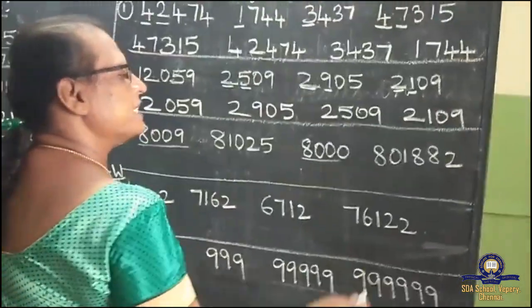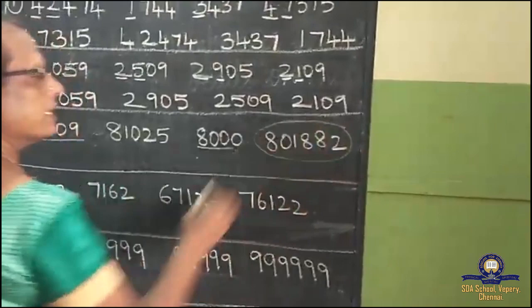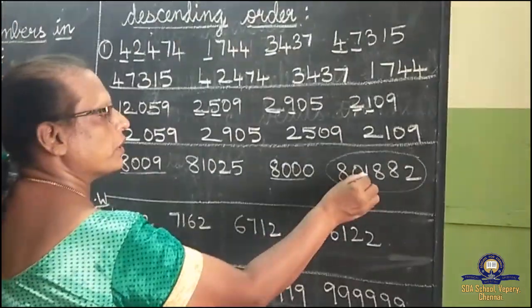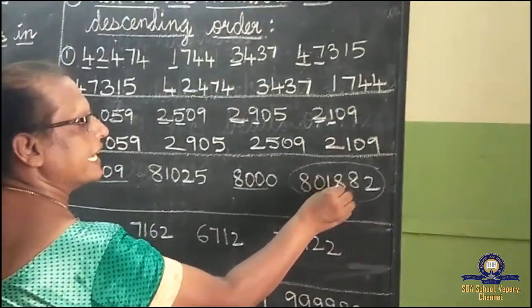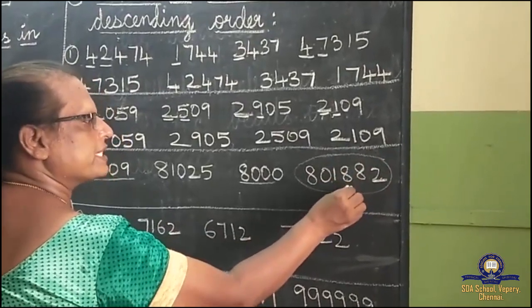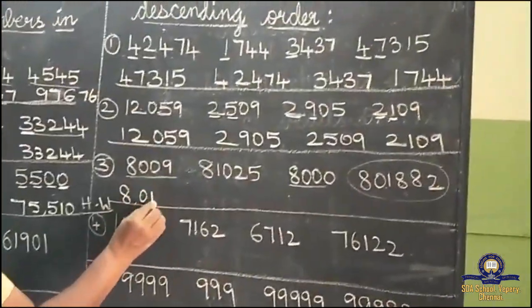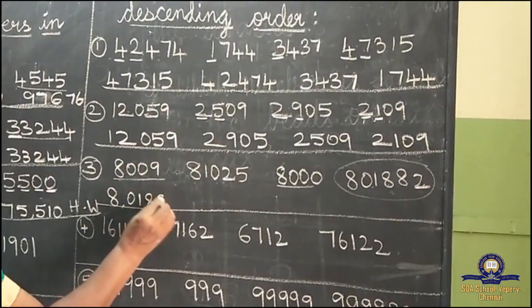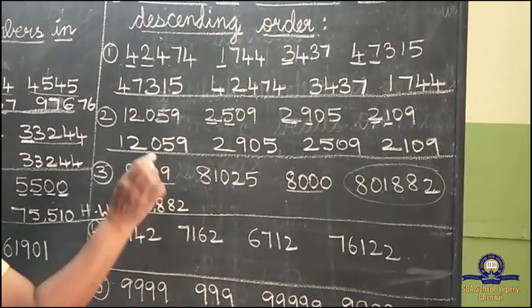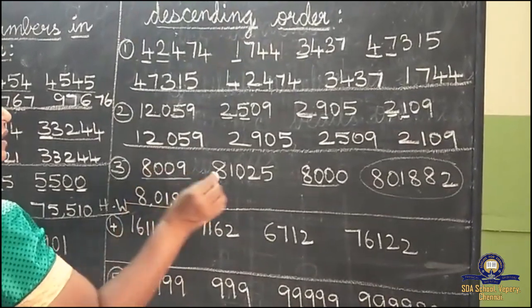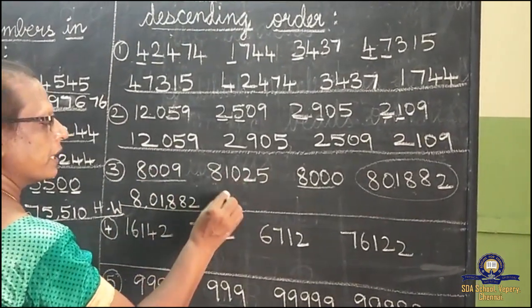So what you have to write, children? This is the bigger number, isn't it? 8 lakh 1882. So this is the biggest number. So you have to write first 8 lakh 1882. Okay. And the next one, what you have to do? 5 digit number. This is bigger number.